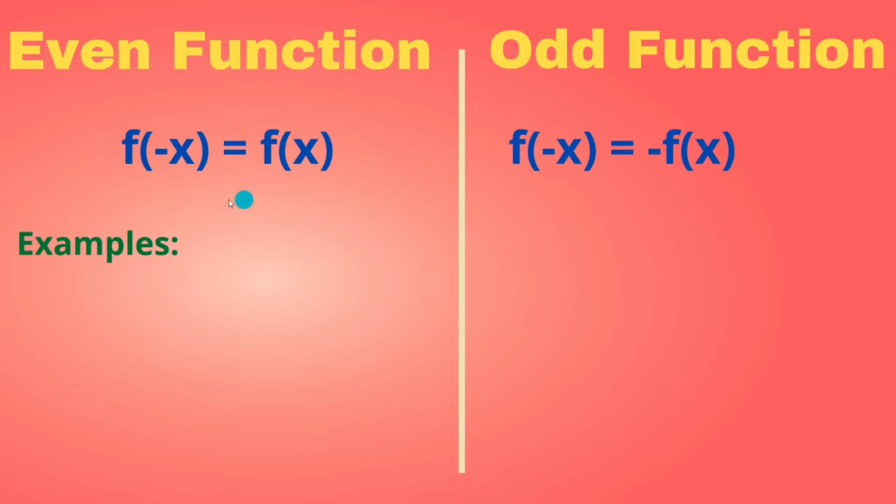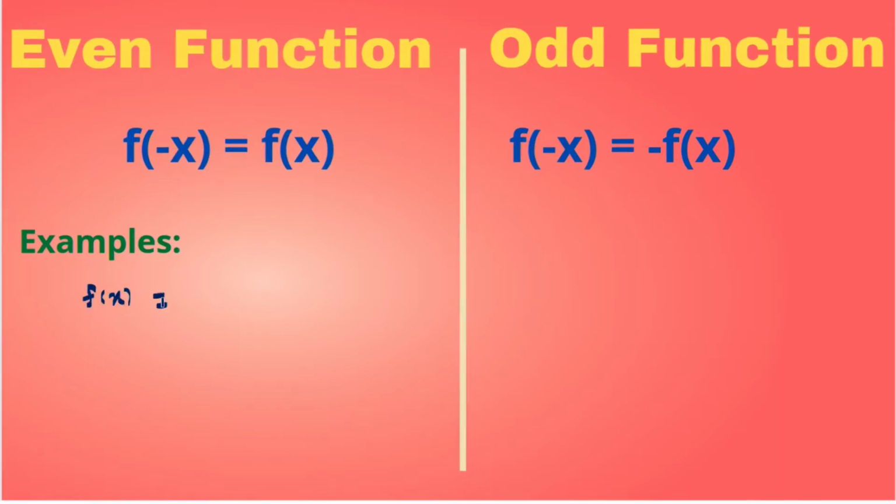If our function satisfies this condition, that is f of minus x is equal to f of x, then we can say our function is an even function. But if f of minus x is equal to minus f of x, then the function is called an odd function. For example, if f of x is equal to x raised to the power 4, here the power of x is even, so it is an even function.